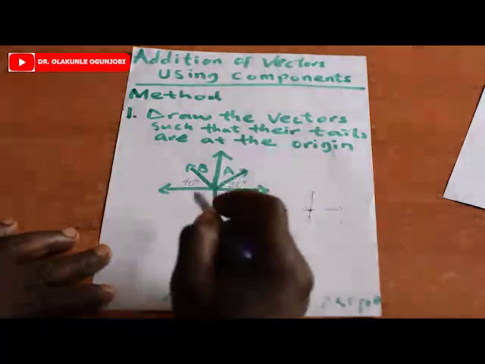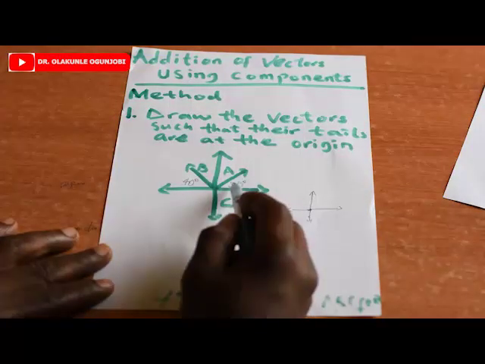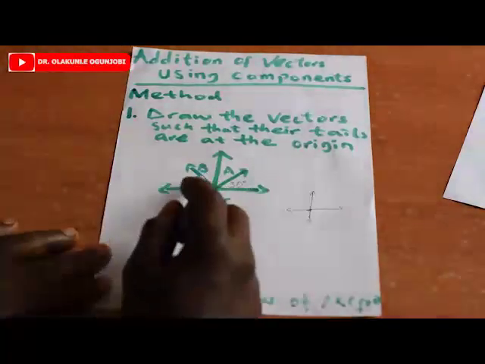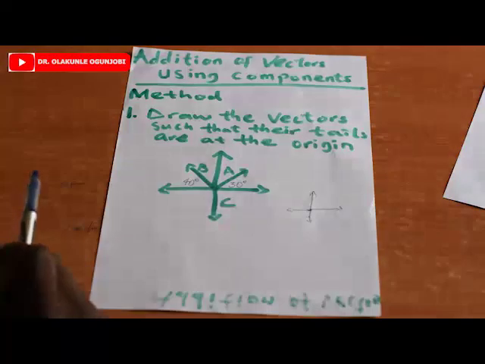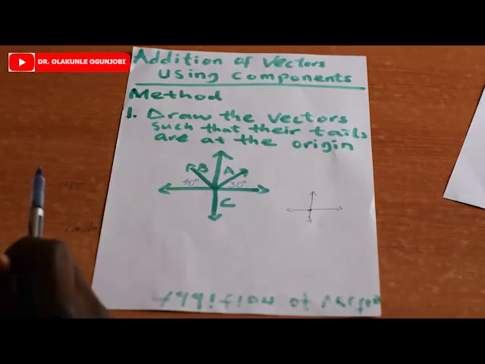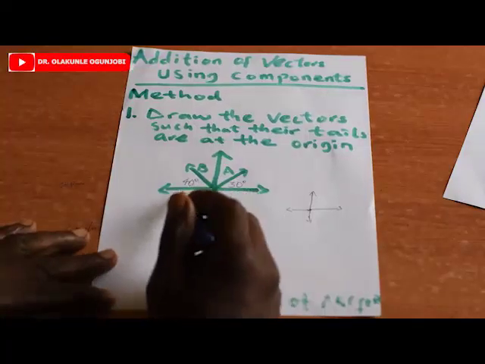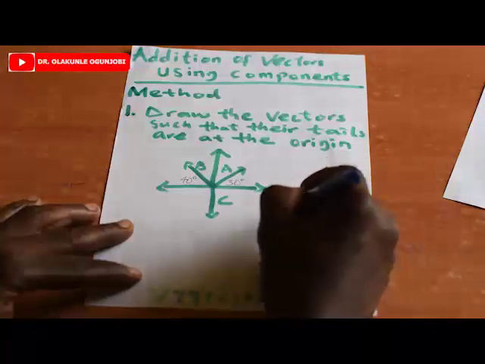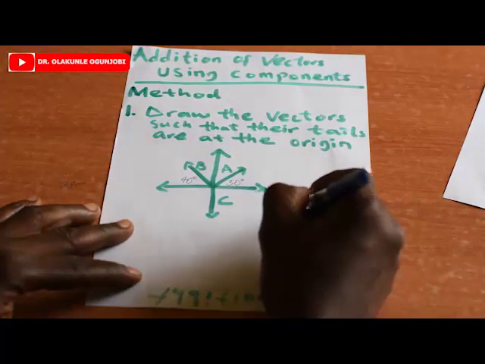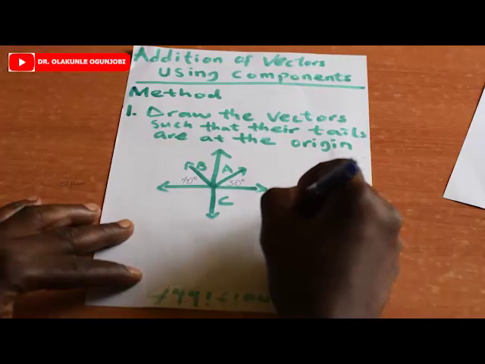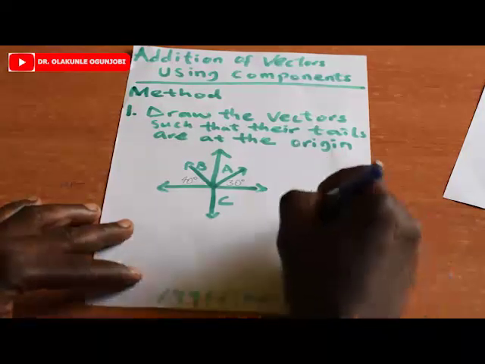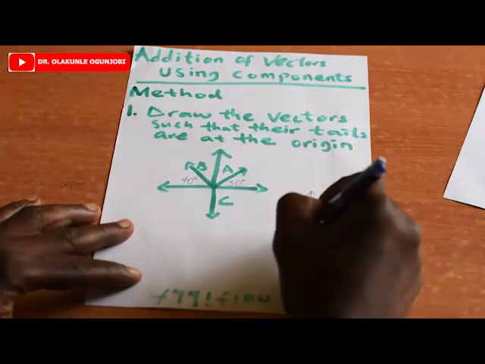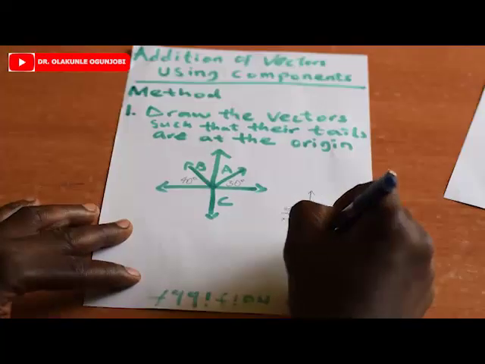Vector A forms an angle of 30 degrees here with the positive x-axis. Vector B, on the other side, forms an angle of 40 degrees with the negative x-axis. Don't forget, this is your negative x-axis, and this is negative y-axis.